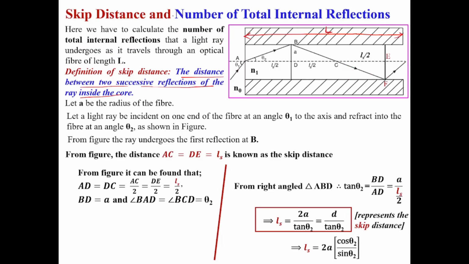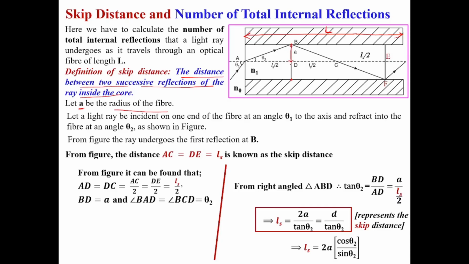To calculate the number of total internal reflections inside the fiber, first we have to calculate the skip distance, then we go for the number of total internal reflections. To calculate the skip distance, we consider a to be the radius of the fiber. In the figure, the distance B to D is the radius of the core, and from this point to this point is the diameter.